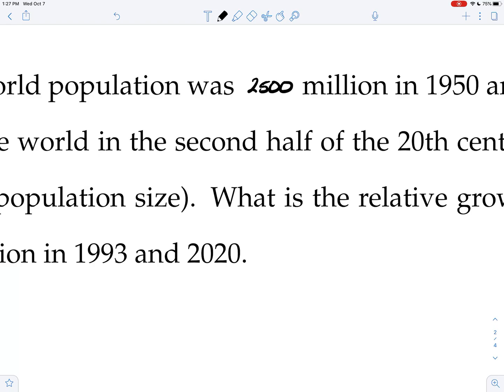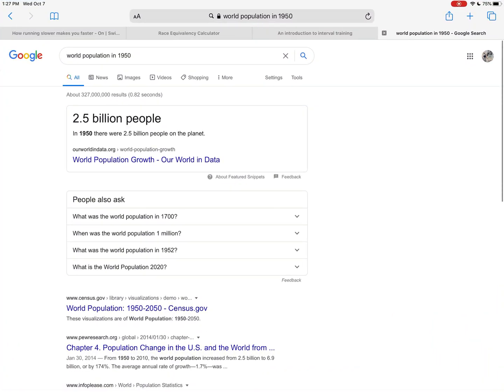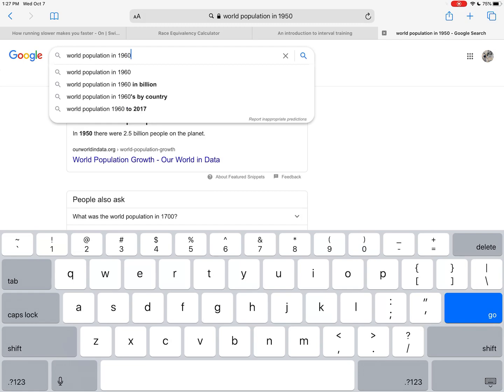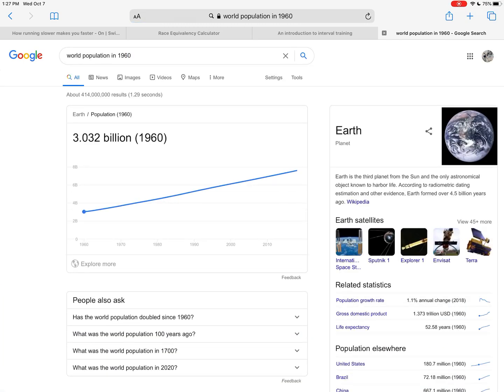So 2.5 billion should be 2,500 million in 1950. And then let's go back to Google and see what it was in 1960. And we come up with 3.03. Let's round to 3.030.